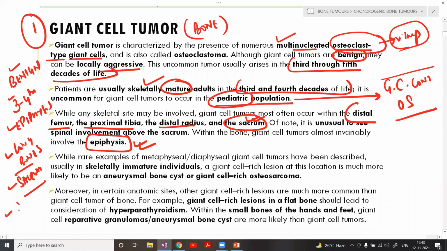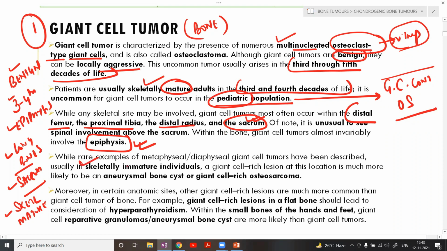And one very important point, they develop in skeletally mature individuals, means in adults, wherein the epiphysis has fused. Now very rare examples are there wherein the giant cell tumor has occurred in the metaphysis or diaphysis, but mainly they are in the epiphysis.